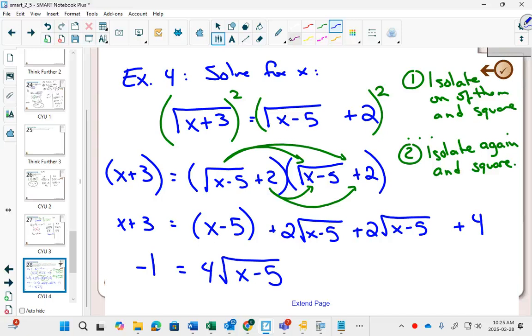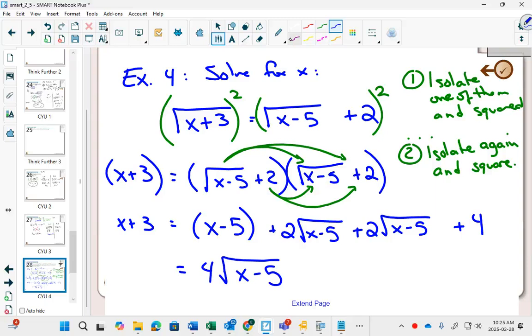So we isolated one of them and squared. And now we have to isolate again and square again. Yes, the root X minus 5 is combined because they're like terms. Yes, the 4 moves to the other side, making it a minus 1. The X's cancel out. Oh, I forgot about the 5. The 4 moved to the other side, minus 1.